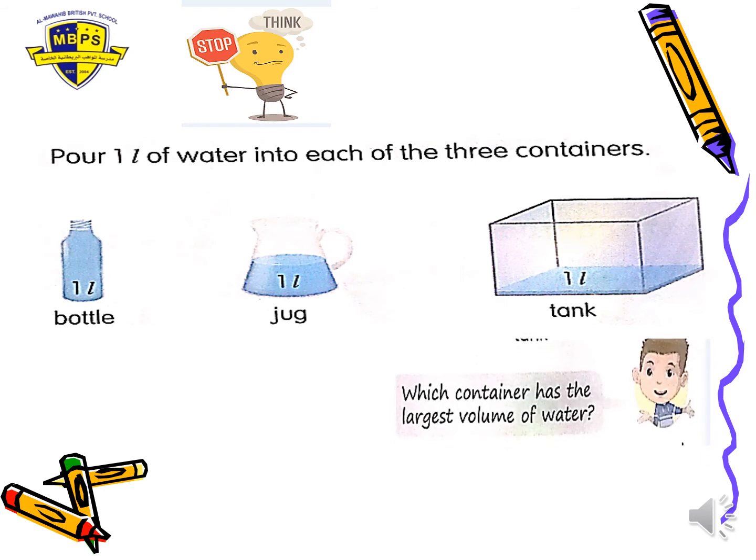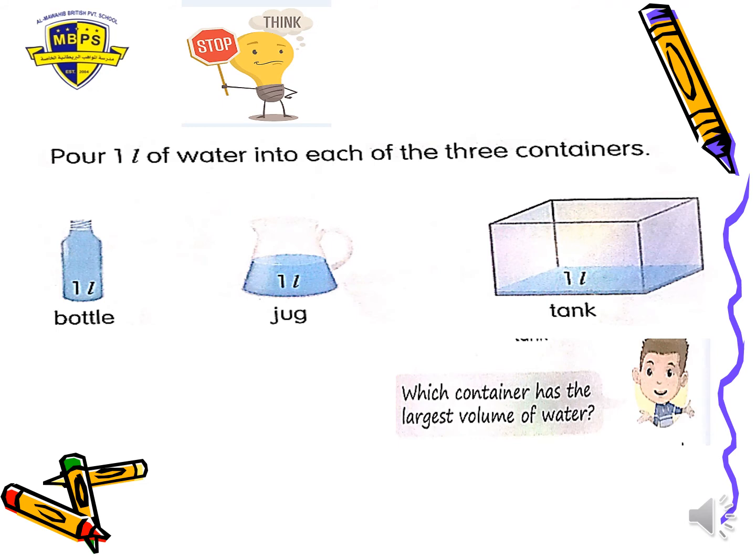Now it's time for the question. Grade 1, could you tell me which container has the largest volume of water? Could you check and tell me? I can hear you. You're asking, how, teacher? You put the same amount, so they have the same amount of water. So the volume of water is the same in each container.